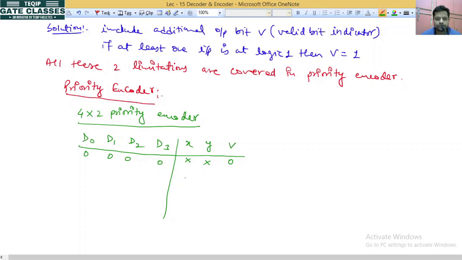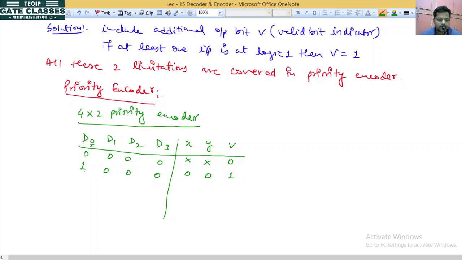Now if you go to the next, it will be 1 0 0 0. Okay, so what will be the decimal value of this? It will be 0 here, so the combination will be 00, and this is a valid input, so the value of V will be 1. Okay, na.